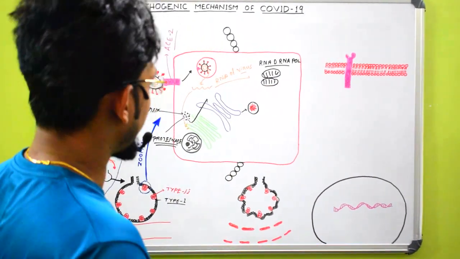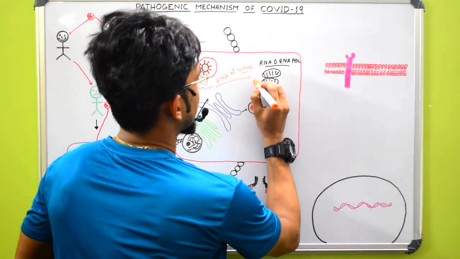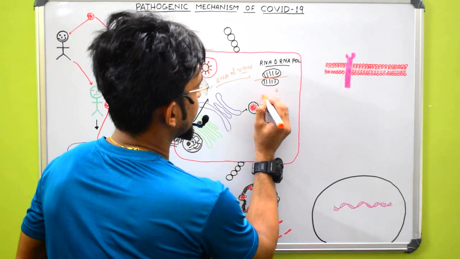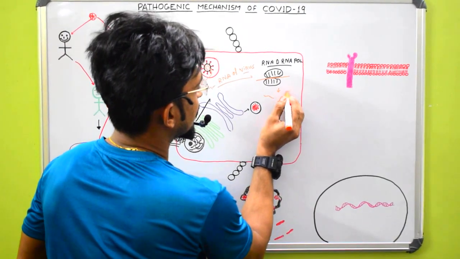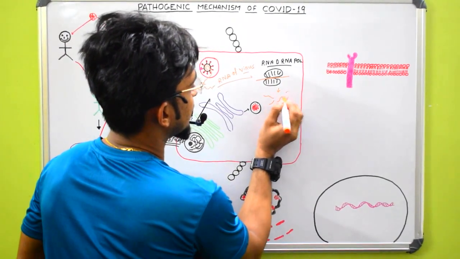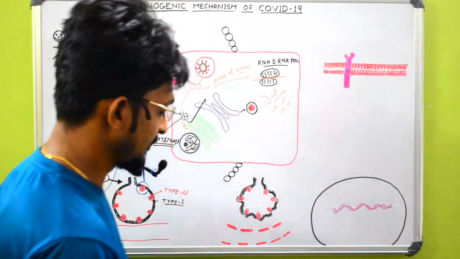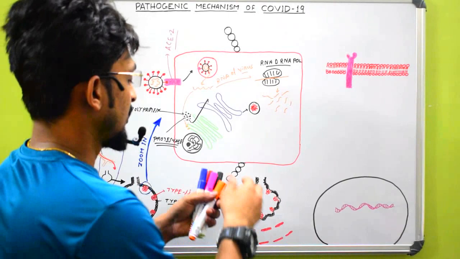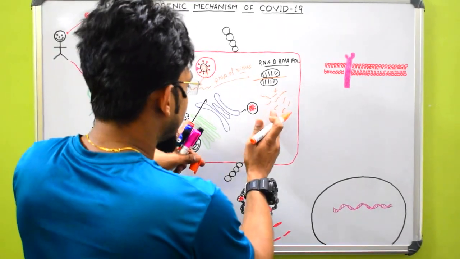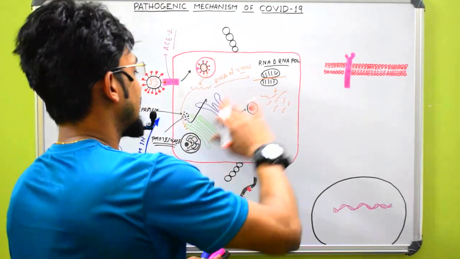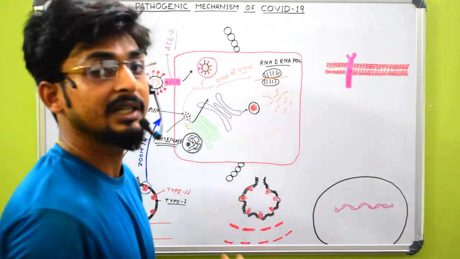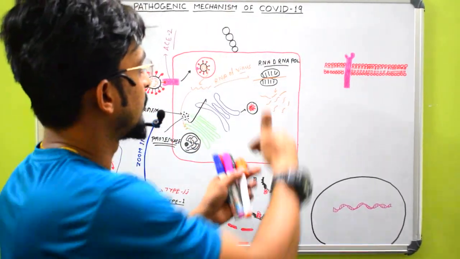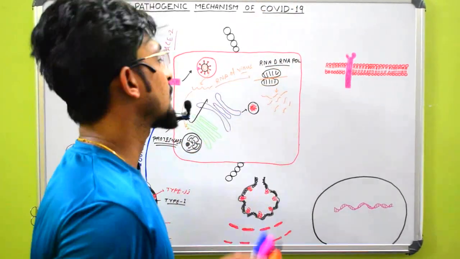This enzyme will multiply or produce multiple copies of the same RNA. These are nothing but the viral RNA, the RNA of the coronavirus. So both this protein and RNA will be assembled, and they will make the complete functional virus. Then it will go outside by exocytosis.